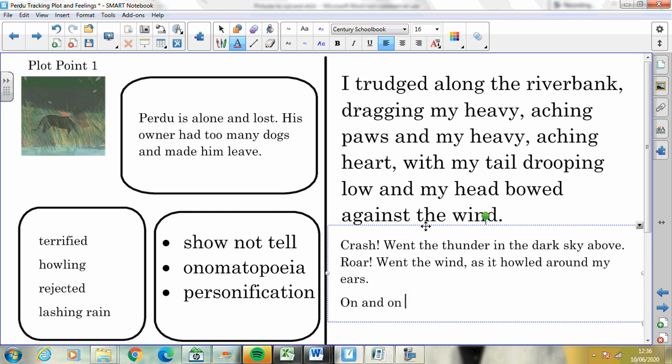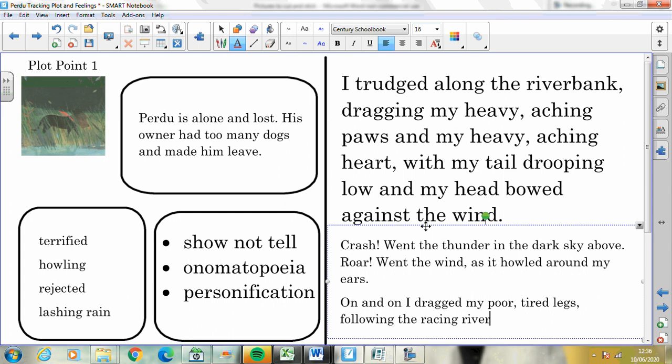On and on I dragged my poor, tired legs, following the racing river. So rivers don't really race, but that's personification. The racing river describes the waters moving fast, following the racing river as it overflowed with the lashing rain, trying to find somewhere to stay.